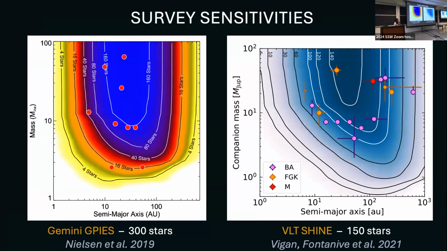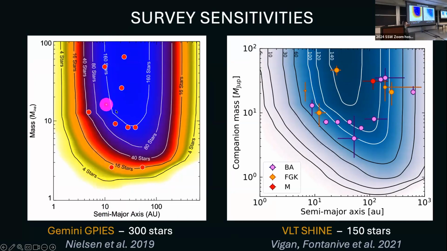And this is what the sort of masses and separations look like that we've been reaching with this last generation of surveys. So we have the results from the Gemini GPIES program on the left, and then the VLT SHINE survey on the right. So you can see that we're mostly sensitive... this is showing you the masses and separations of planets that we could have detected in this program for a certain fraction of stars in the survey.